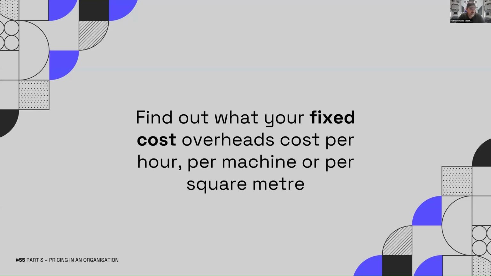I know that it costs us X per person hour or person month to keep the roof on, and then all the direct costs for a project can come on top. But you need to know what it is, and you need to keep it up to date. You need to know what your direct and indirect costs are, and what influences that. Is it an annual rent increase that changes your hourly rate, your square meter rate, your person hour rate, whatever that might be? Next slide.